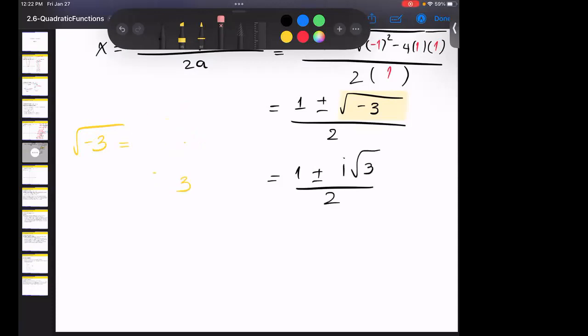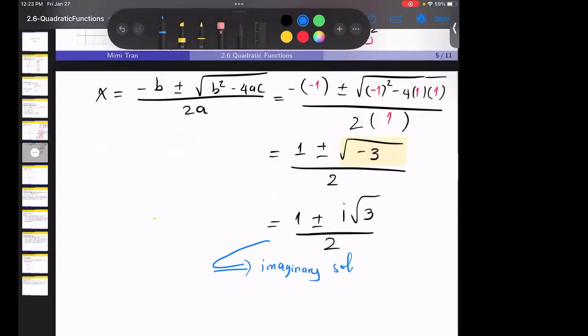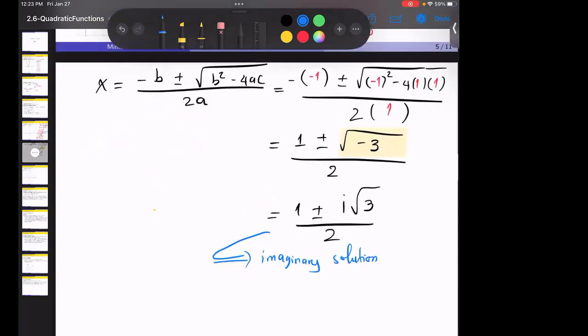That means you don't see it on the real axis. So you're done. You just stop right there.